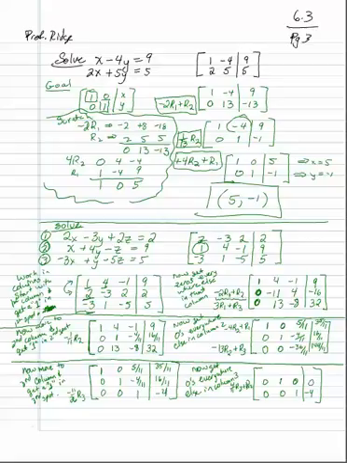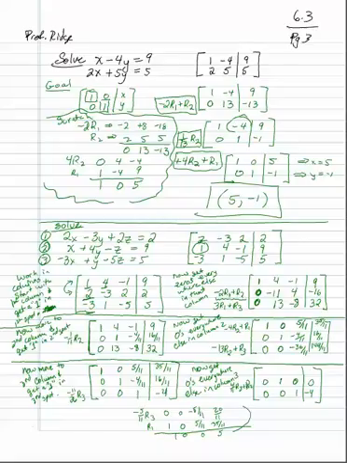So that row's done. Now let's do row 1. Row 1 has 5/11, so you're going to go negative 5/11 times row 3. Here, let me just show you what I'm doing. That's going to be 0, 0, negative 5/11, 20/11, and then I'm going to add it to row 1, which is 1, 0, 5/11, and then 35/11, which is going to be 1, 0, 0, and then that's 55/11, which is just 5.